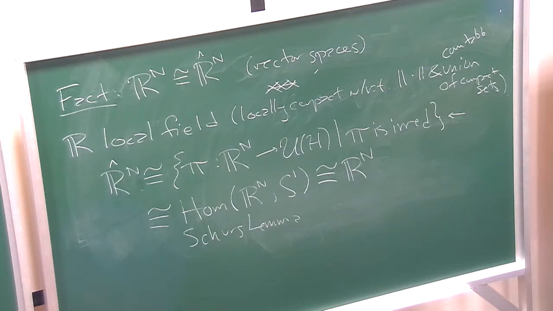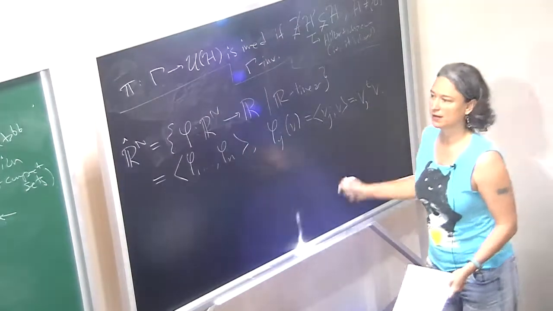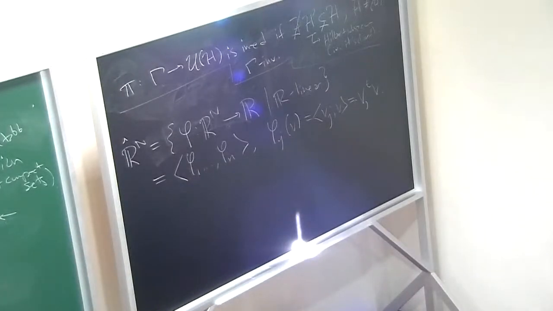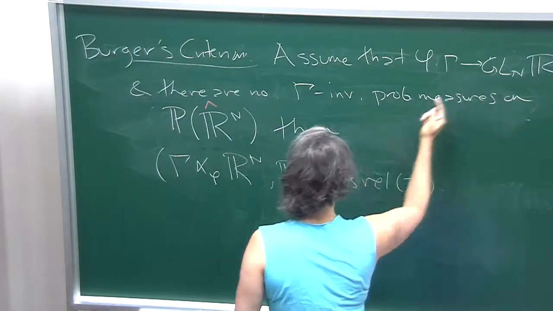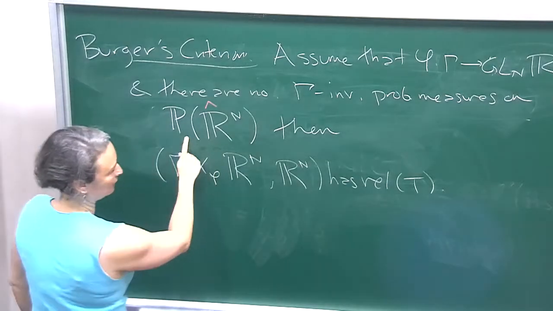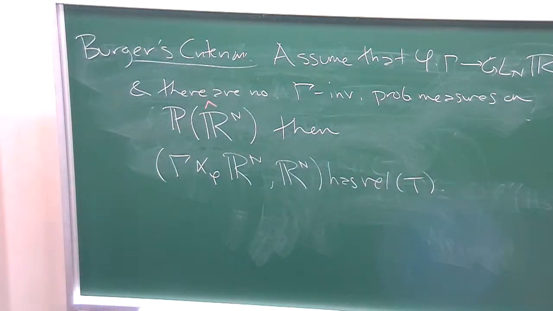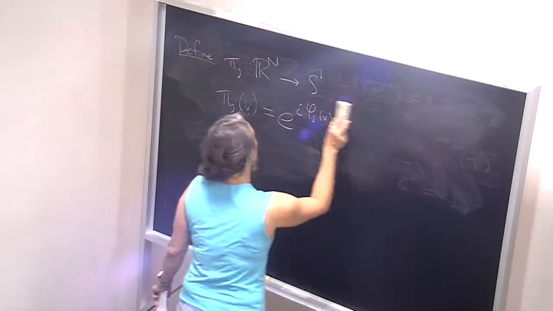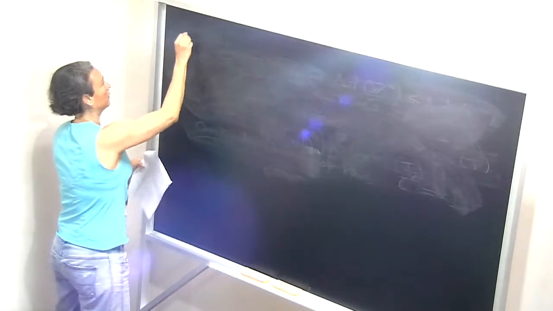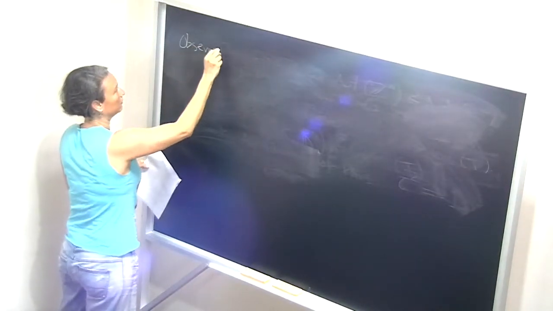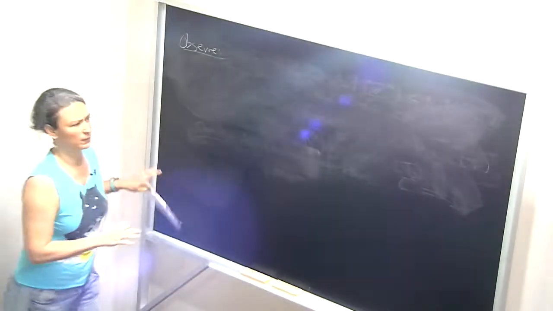So I want to come back to what's happening over here, because I want to understand what is happening between my sort of standard representation for gamma and how it's acting on this dual projective space. Okay, so observe that, okay, so what do we have?